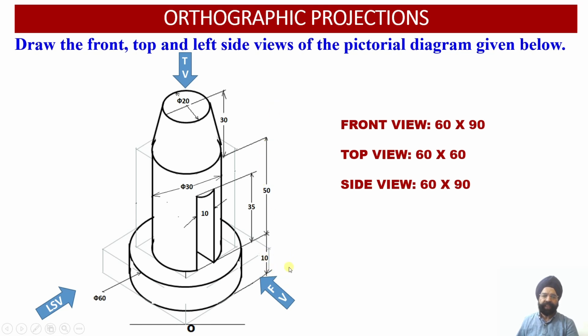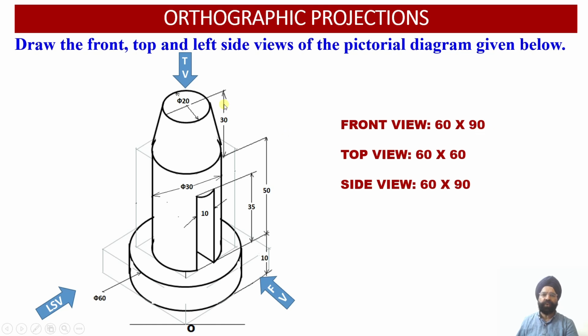Here we have 10 millimeter corresponding to the bottom width, then 50 millimeter is the height of the middle component, and 30 millimeter is the height of the top portion of this solid. So 30 plus 50 plus 10, 90 millimeter. So the front view face will have the dimensions 60 millimeter by 90 millimeter.